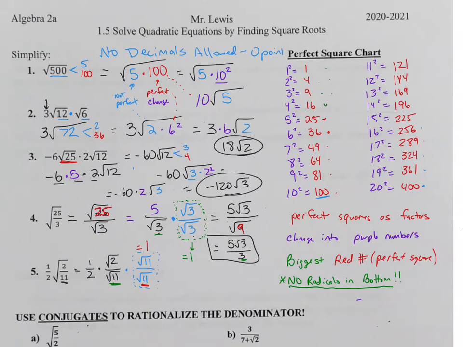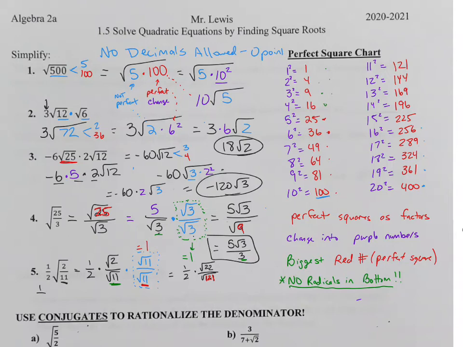So this is going to turn into 1/2 times radical 2 and radical 11, which is radical 22, all over radical 121. 121 is on my list. Perfect. So 121 is going to turn into just 11.